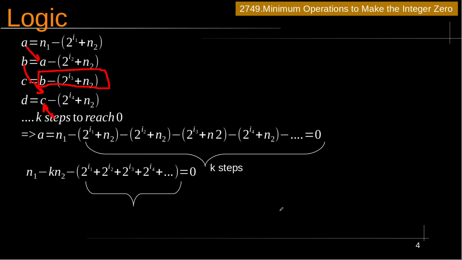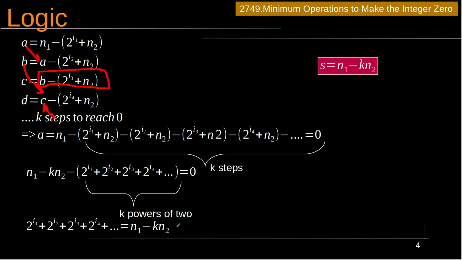How many powers do we have there? Yes, exactly, we have k powers of 2. So we can say that this sum of k powers of 2 is equal to n1 minus k times n2. Let's call this sum S, equal to n1 minus k times n2.